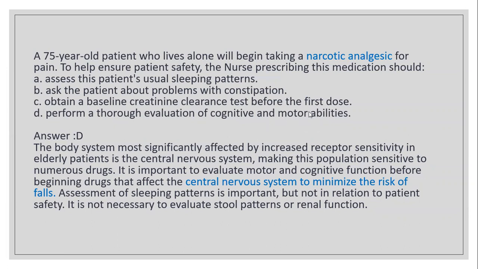The correct answer is D. Because the patient is 75 years old, living alone, and taking narcotics, it is important to evaluate the cognitive function and motor abilities, because the chance of falling is high and falling prevention is the priority.